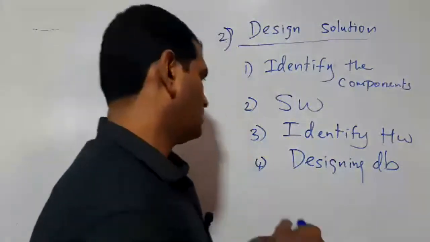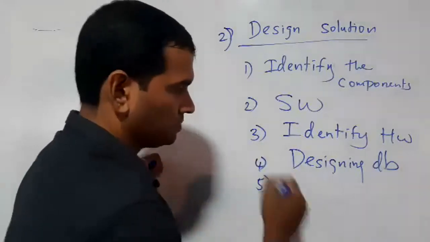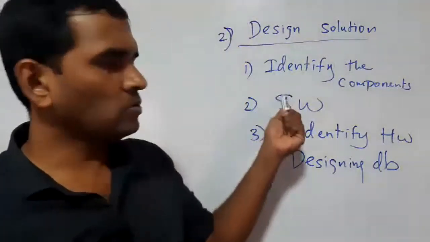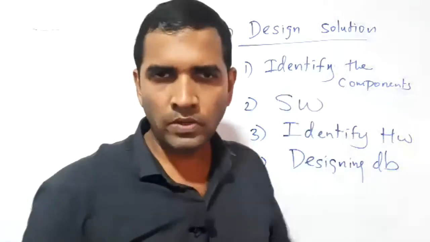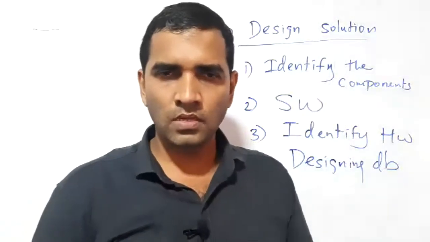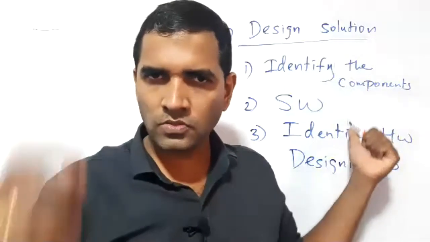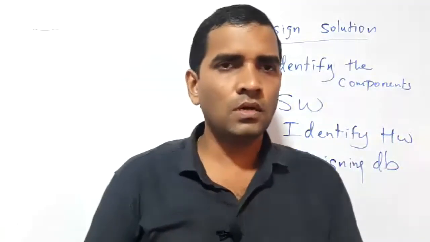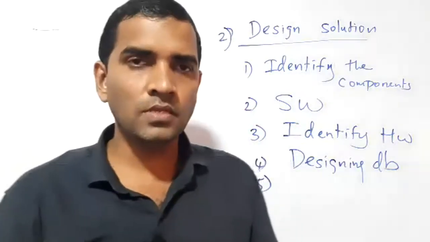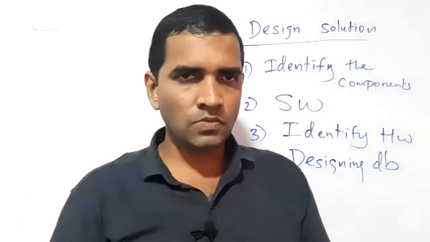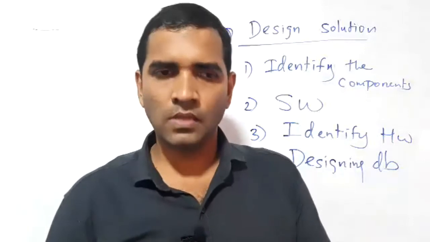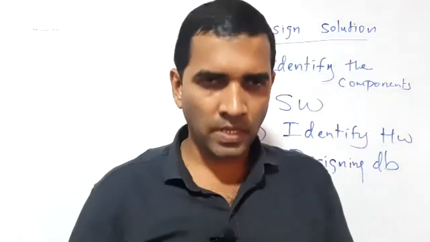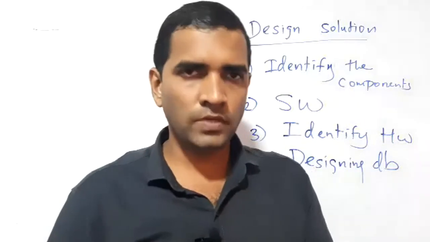Okay, then number 5. Look, these first two points are related to software. In the first phase, we identified the software components, and after that we created the software architecture. That's why these are related to software. A software must have interfaces.